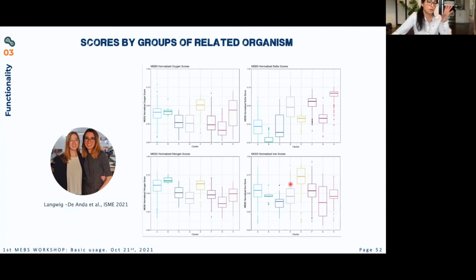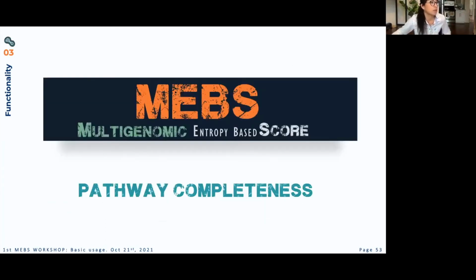And then when we looked at the genes that belonged to those groups of genomes, we indeed confirmed this. So with this massive analysis comparing thousands of genomes, just by plotting the distribution of the scores it is really powerful to then zoom into the specific data. Because sometimes when you're analyzing metabolism, it's overwhelming and you don't know where to start. And this is a way you can start.